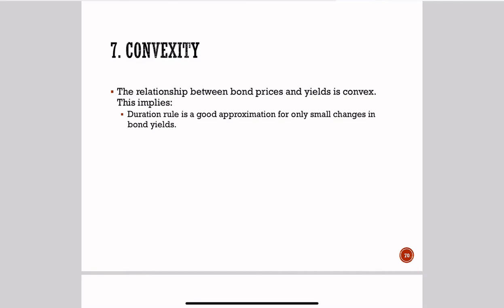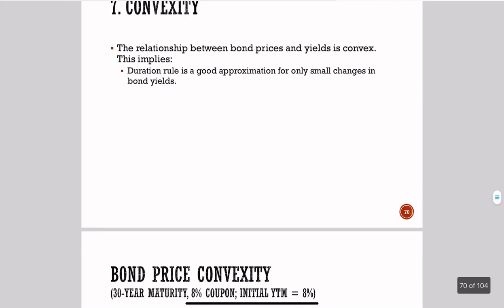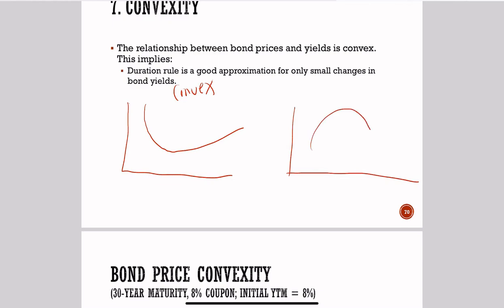We have mentioned this before. That is, the relationship between bond price and yield is convex, right? Again, what is convex? If a curve looks like this, it's convex. This is convex. And if the curve looks like this, it's concave.